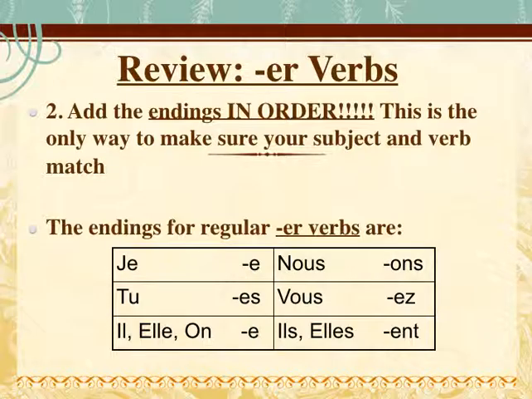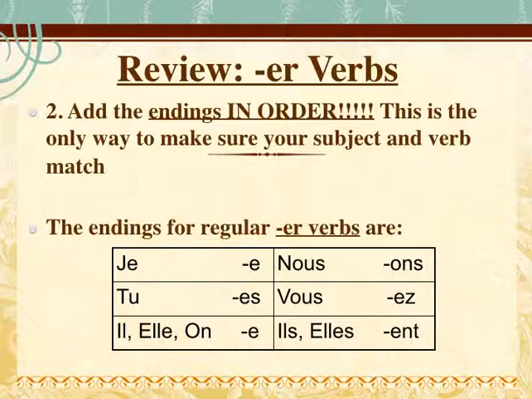Then we add the endings in order. It's extremely important that you remember the endings in this order because that's the only way to make sure that your subject and your verb match. The endings are also the only thing that are going to change between verb groups.